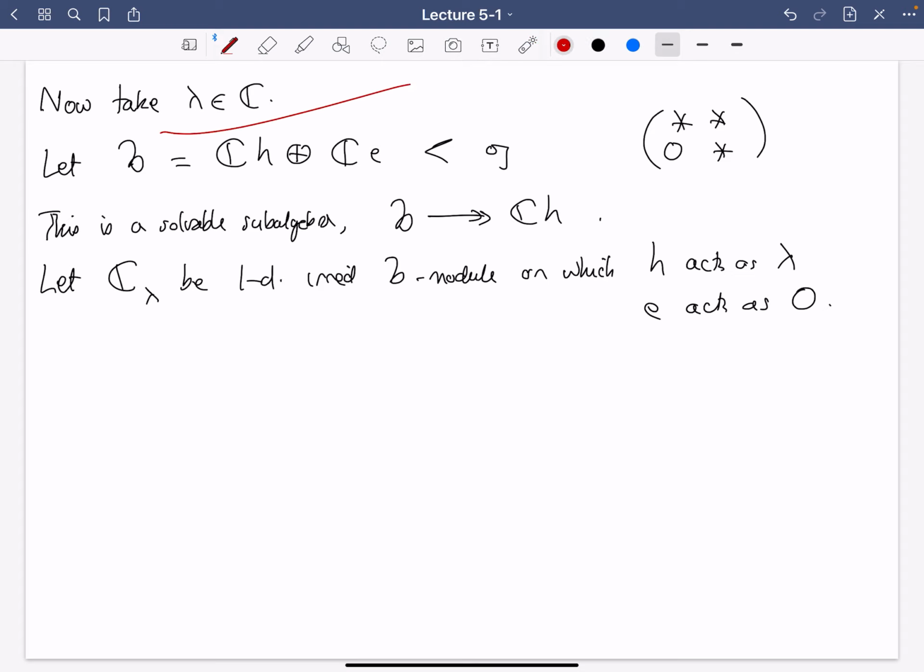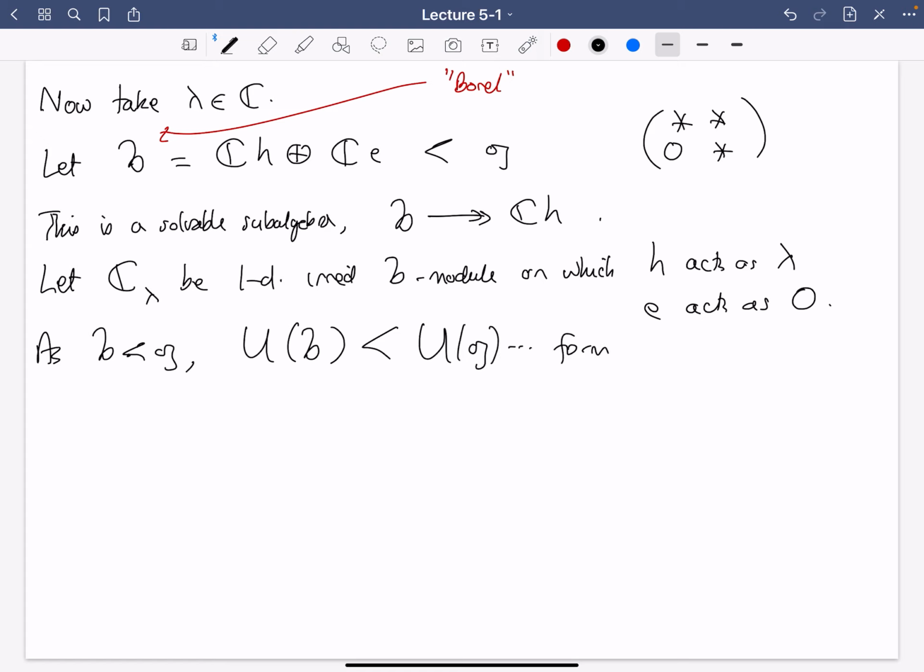B, by the way, the reason it's called B stands for Borel. It's the Borel subalgebra in there. As B is a subalgebra of G, the universal enveloping algebra of B is a unital subalgebra of the universal enveloping algebra of G. And then I'm going to form what's called the Verma module, M of lambda.